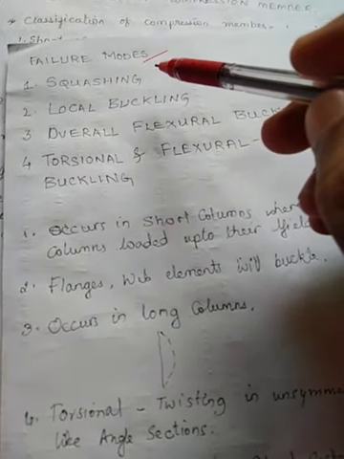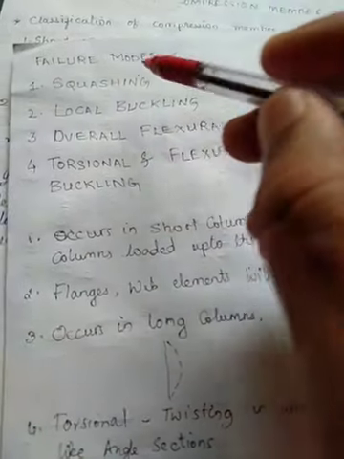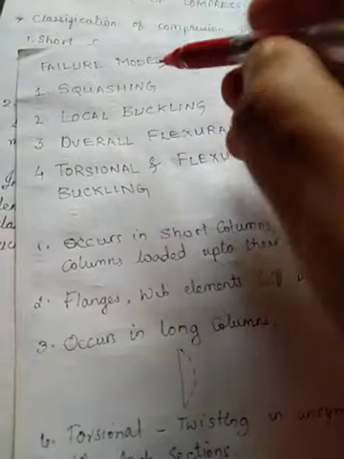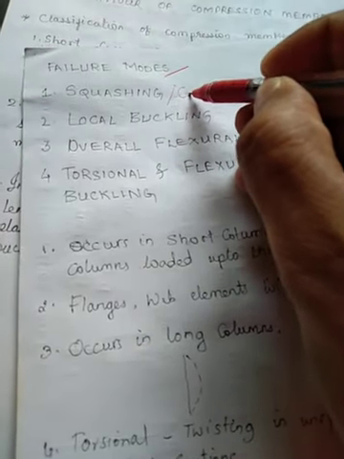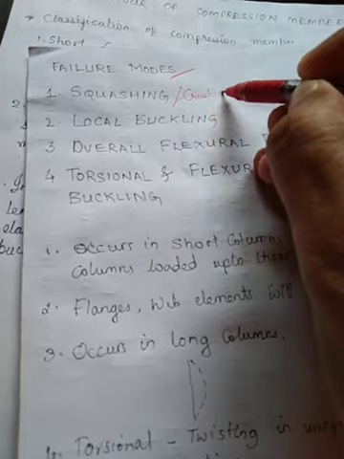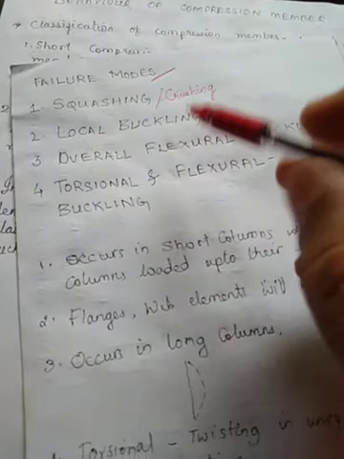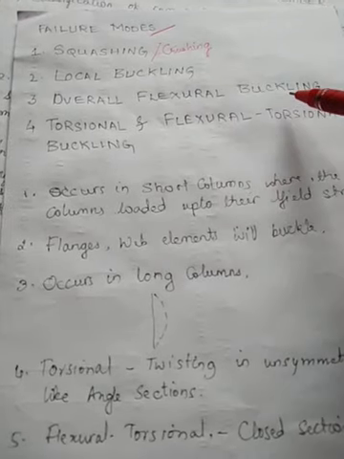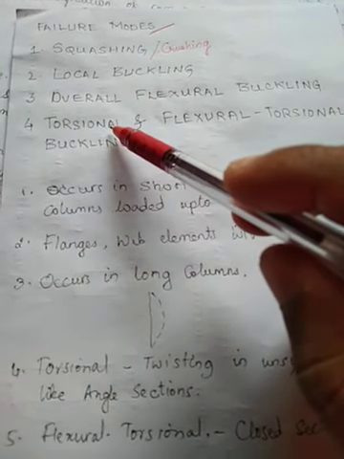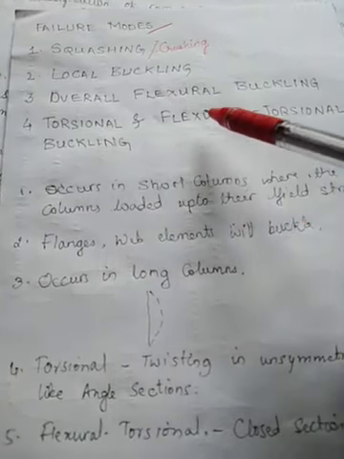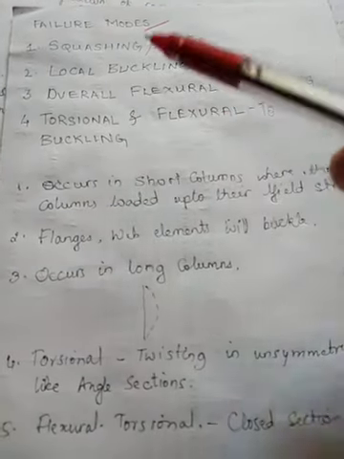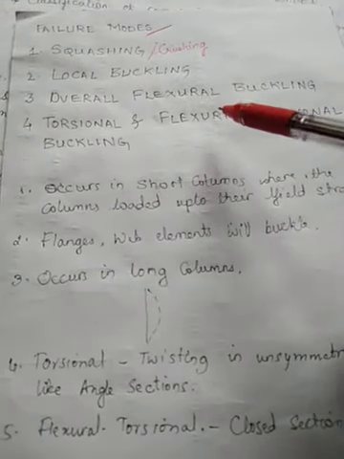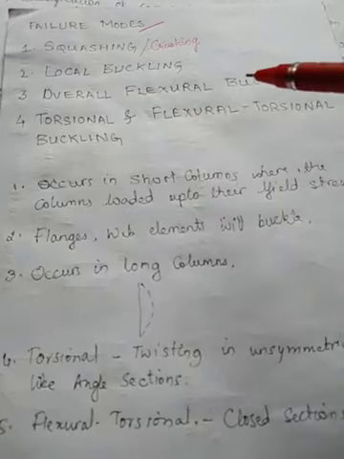The first one is called squashing, or generally crushing. Okay, next local buckling, overall flexural buckling. Next failure, torsional and flexural torsional buckling. It's a combination of both flexural and torsional buckling.